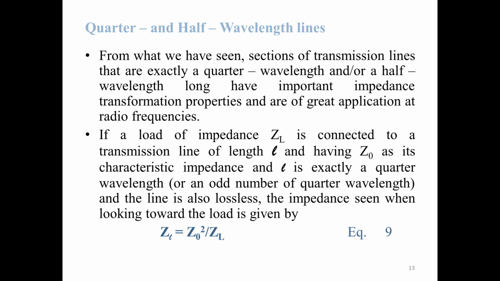If a load of impedance ZL is connected to a transmission line of length L and having Z0 as its characteristic impedance, and L is exactly a quarter wavelength or an odd number of quarter wavelengths, and the line is also lossless, the impedance seen when looking towards the load is given as Zin equals Z0 squared over ZL.